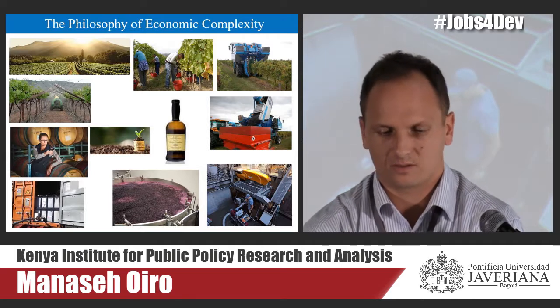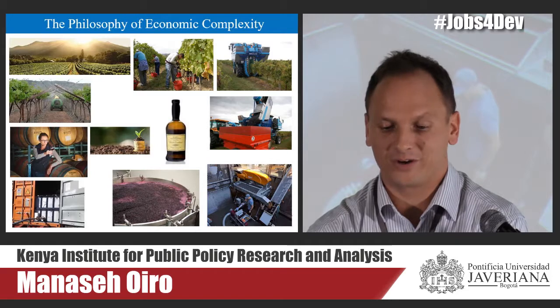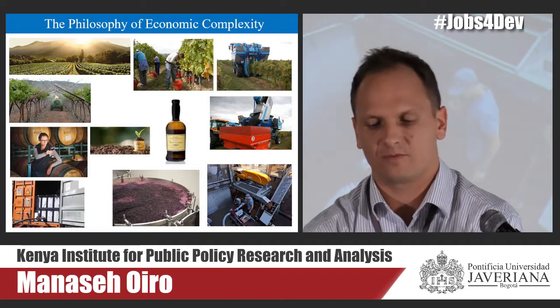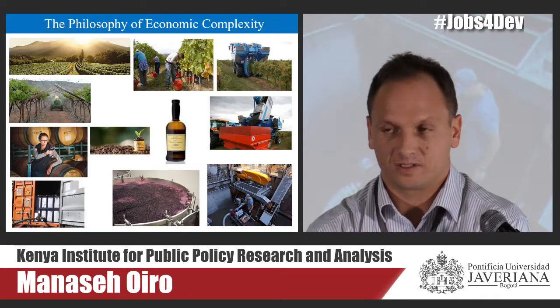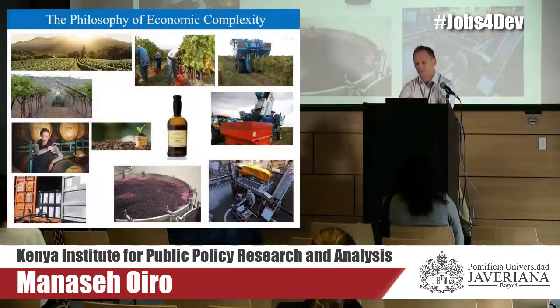So what we have here is the wine bottle in the middle there. It's a dessert wine made in South Africa. It's really expensive, and the reason I give this example is that there are various productive capabilities and networks that go into getting this final bottle of wine into the retail market.